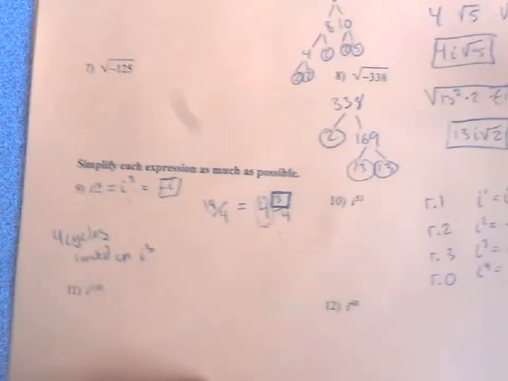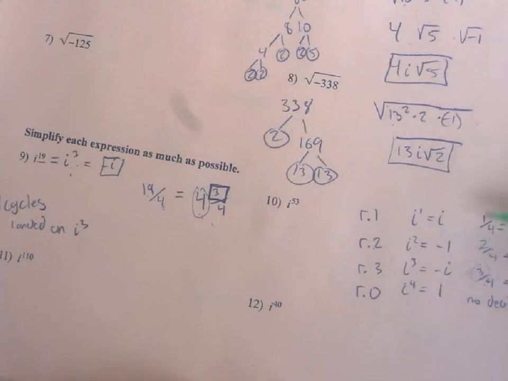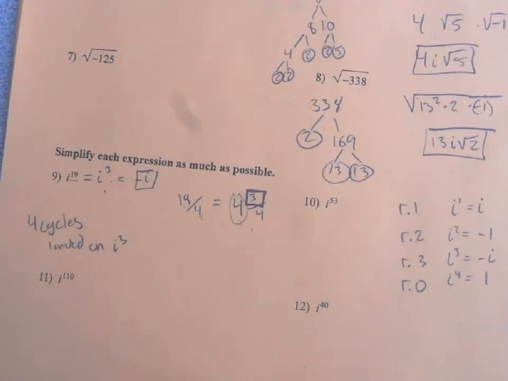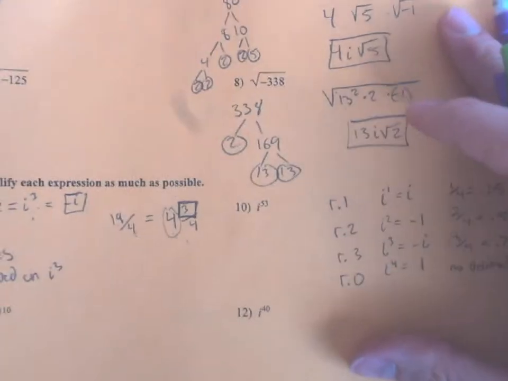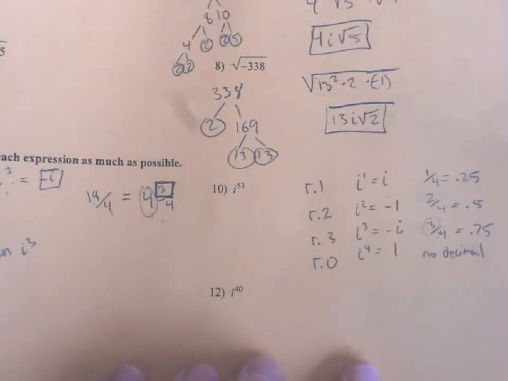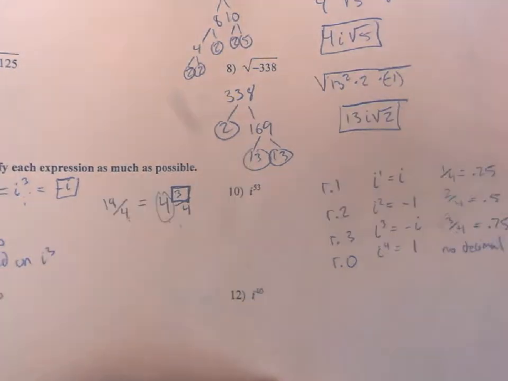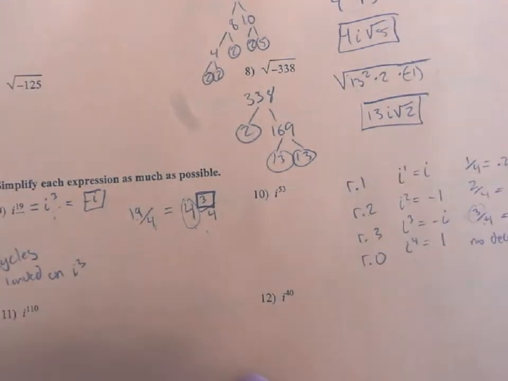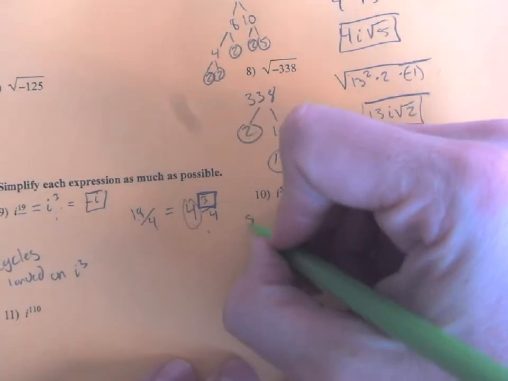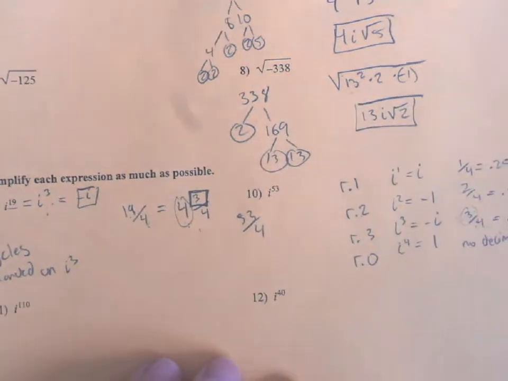Now, counting through 19 times isn't that big of a deal. But what about counting through 53 times? You may not want to do that. Now, of course, you could. You can go 1, 2, 3, 4, 5, 6, and so on, and you can keep going until you hit 53. The better way to do it is to just divide 53 by 4 and see what we can come up with. Okay? So does 4 go into 53? Well, it doesn't.